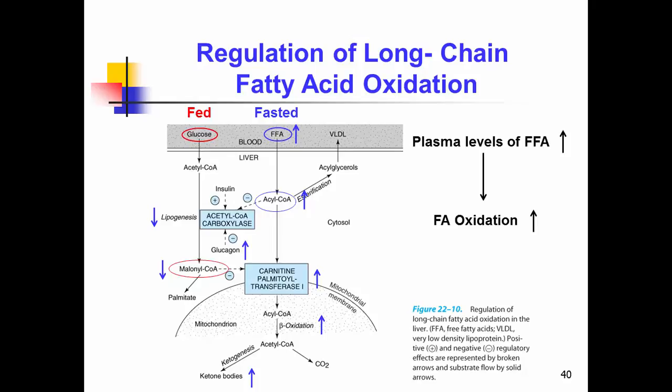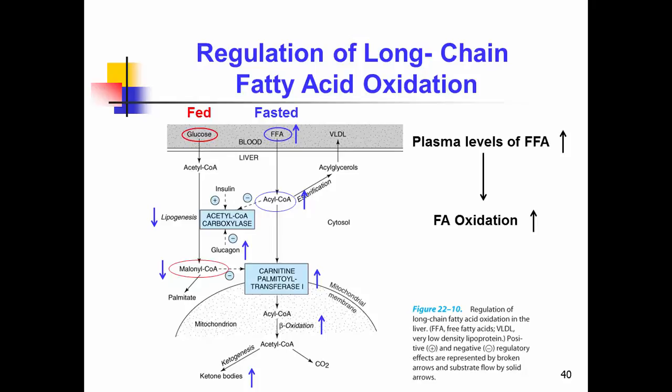So I think this is a very nice diagram to put all of this, the regulation of lipid metabolism under fed and fasting conditions, together. So try to remember the key things here, right?